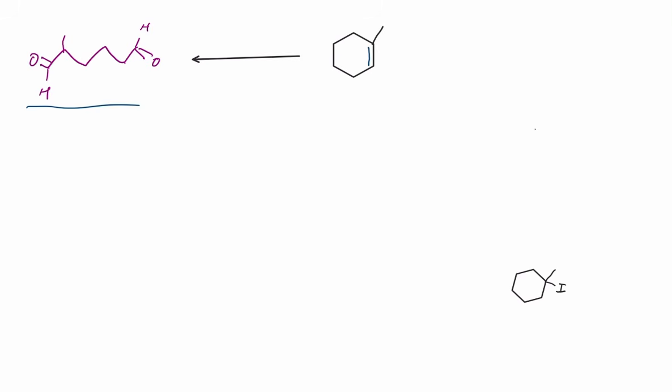Ozonolysis is written in 2 steps, and with ozonolysis, it is very important that we get our reagents right, because after the first step, being O3, the second step can lead to different products.